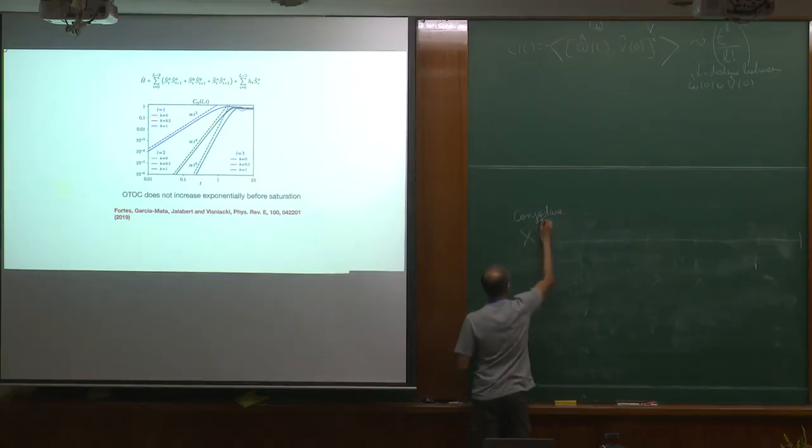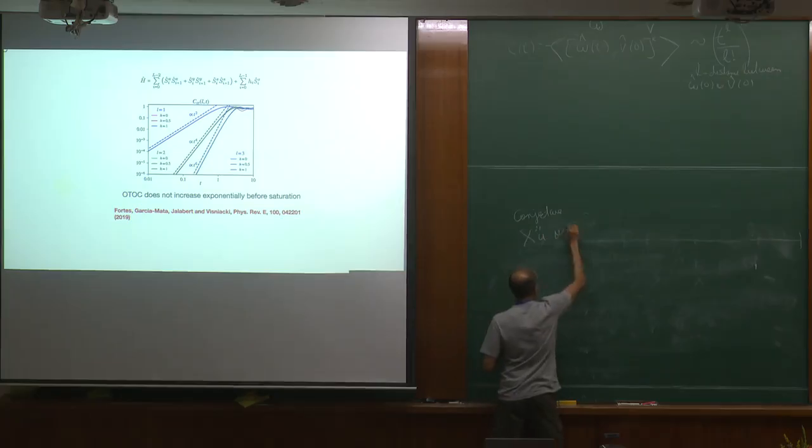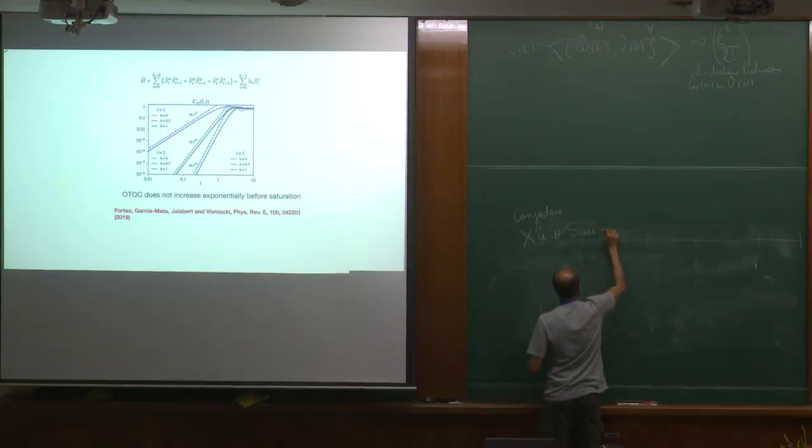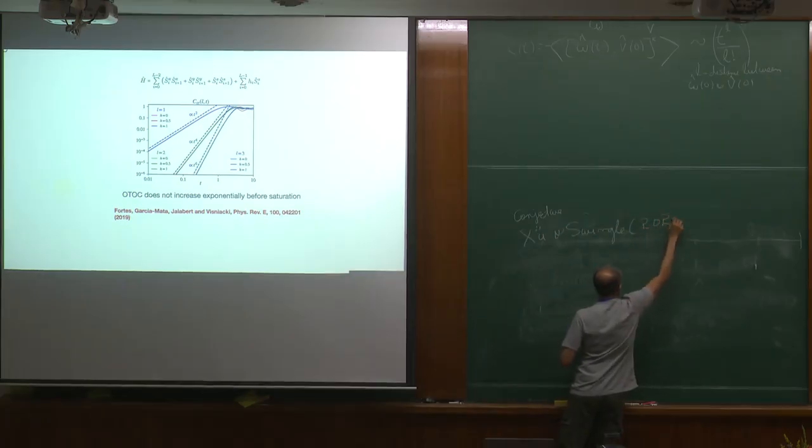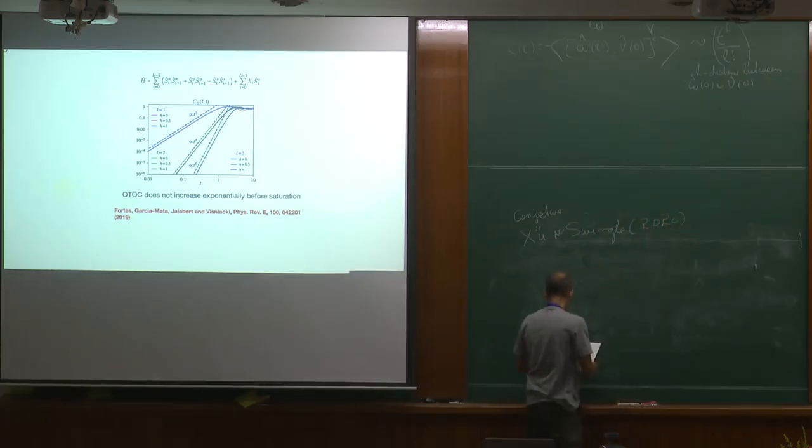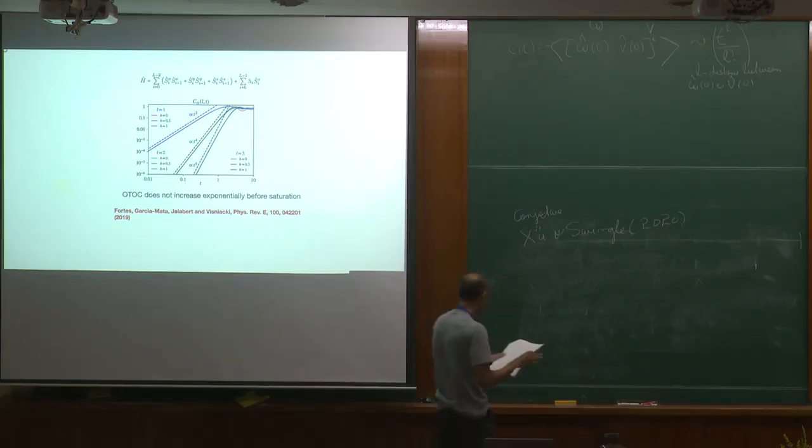But there is this conjecture by Xu and Swingle, from 2020. I don't seem to have the exact reference in my notes here, but I will put the reference up on a slide and then give it to the organizers.